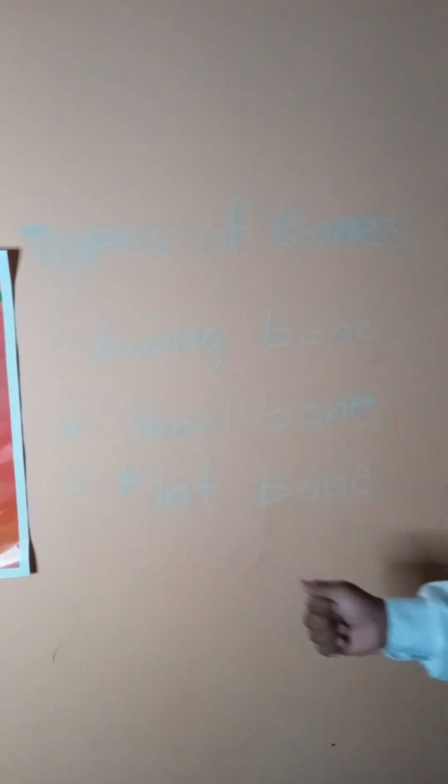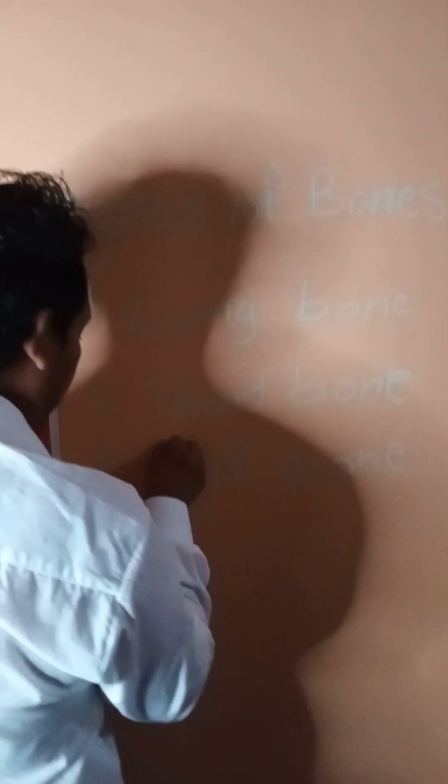All right. So anyone here, could you give me an example of the flat bone, or where could we actually find the flat bone? Anyone? In your ears. Good try. Anyone else? All right.